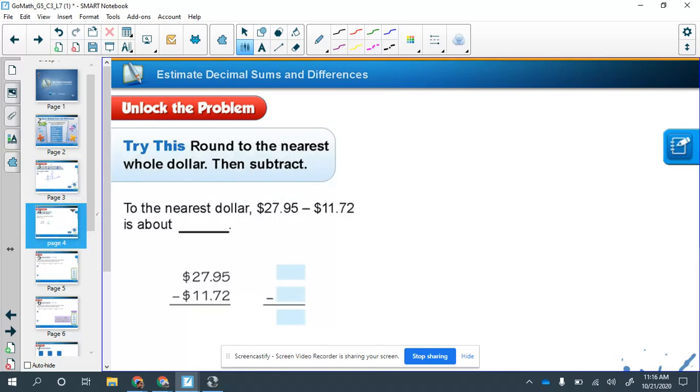Well, let's look at another one. We can take a look at that idea. Here, we're going to round it to the nearest dollar, and this happens very frequently in real life. When we go shopping, like if you go to the grocery store or any other place, and you're trying to keep track of how much money you're spending, you're not really adding together all of the pennies, right?